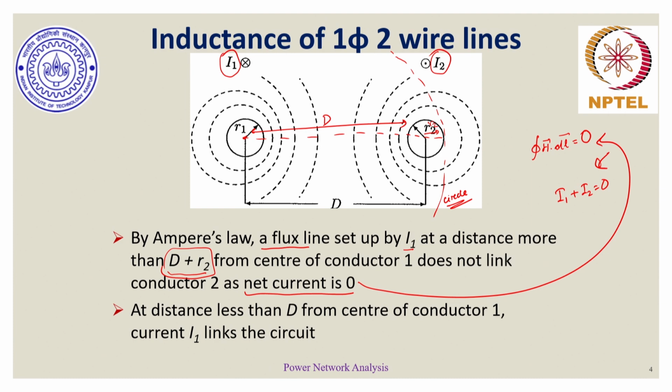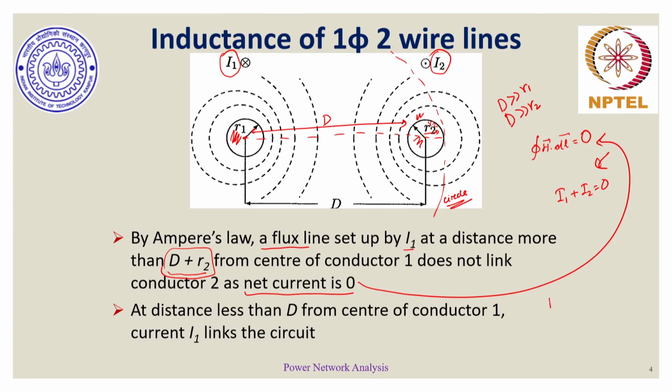Only at a distance less than d, since we are assuming the current densities to be uniform in both the conductors, and also d is much more than the individual radii. So essentially at a distance around d, or to be precise, less than d plus r2, the flux lines of conductor 1 are linking the current I2 in some manner as per Ampere's law.